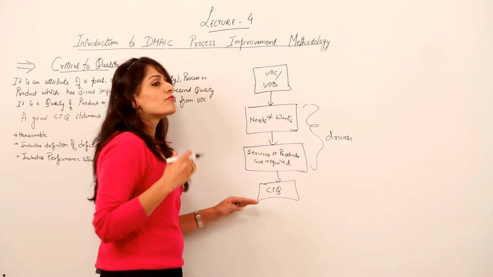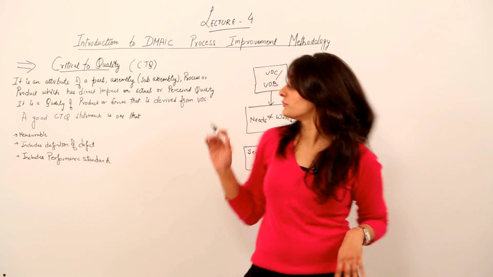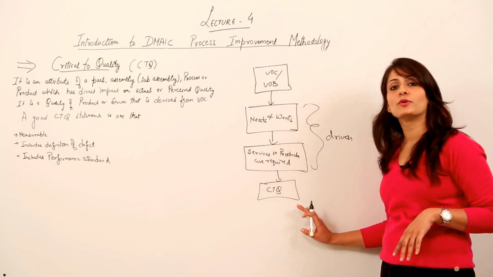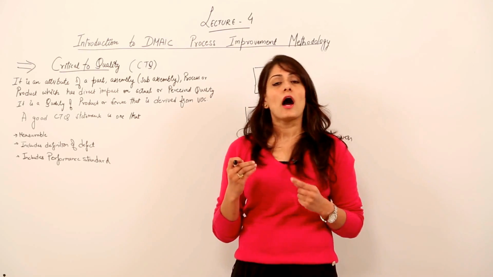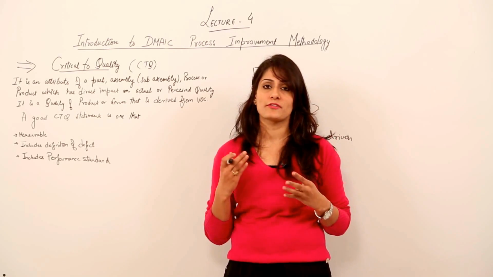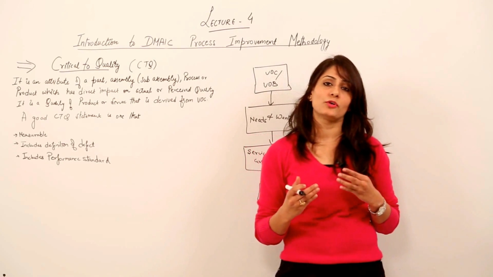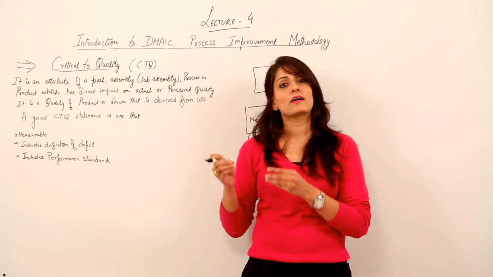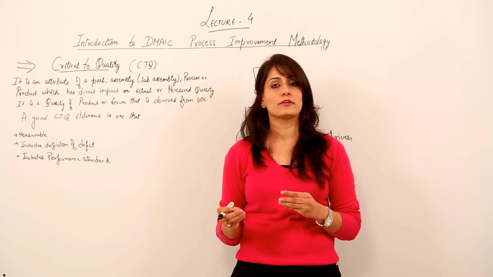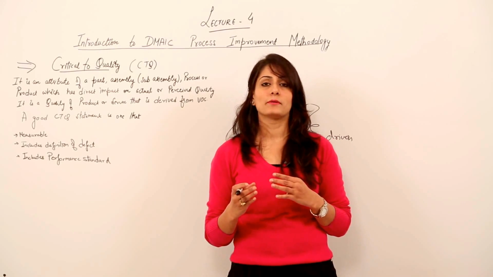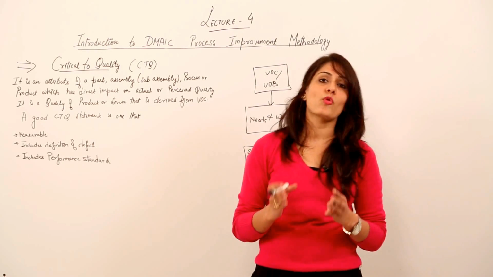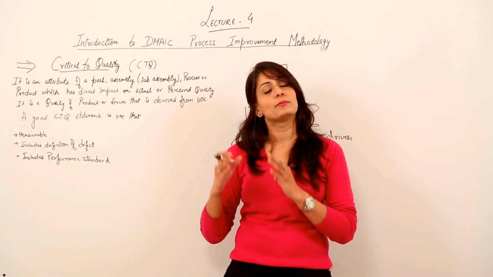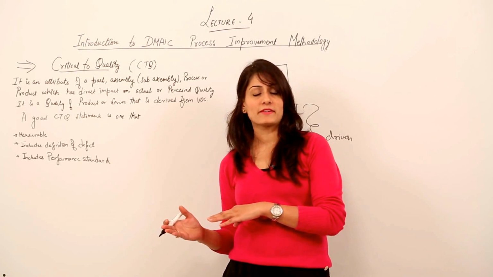So why do we need to convert VOC into CTQ? We need to do that because if we cannot measure how we are doing, how our business processes are doing, how will we come to know how happy our customer is with our products or services? Let me give you an example. For example, in VOC, we found out that customers want good service and it should be delivered on a timely basis.